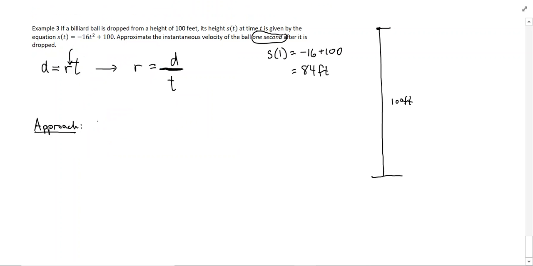So let's study the average velocity on the interval 1 to 2, okay? That we can do, right?